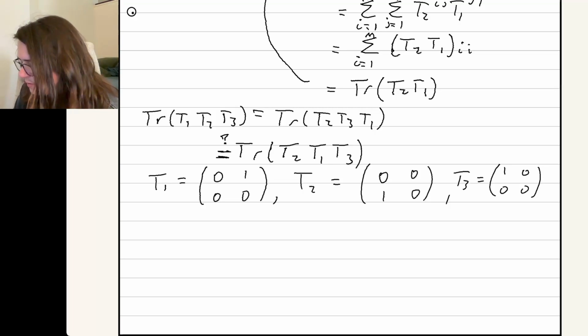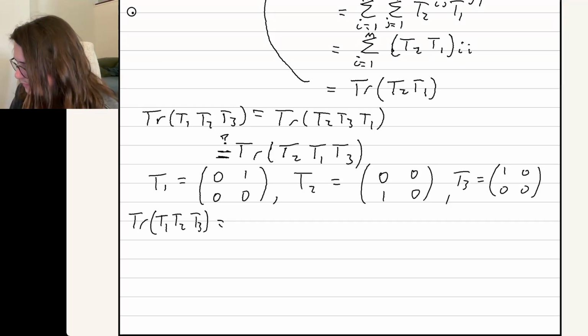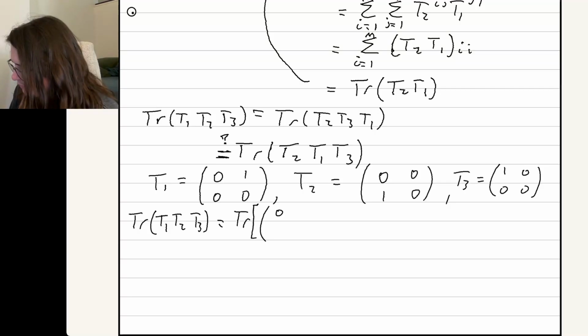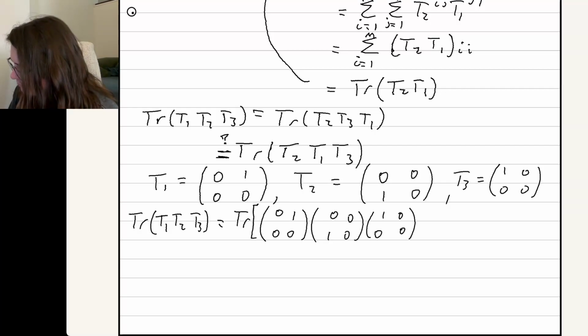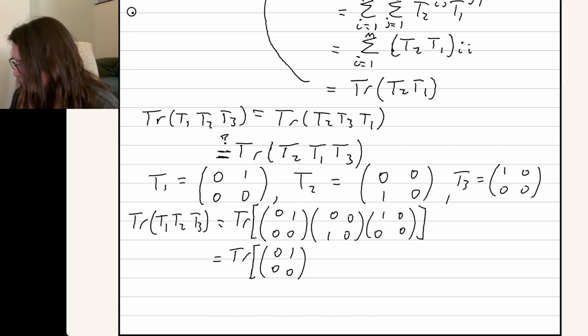So first, we'll calculate the trace of T1, T2, T3, and you get that it's the trace of, in square brackets, 0, 1, 0, 0, times 0, 0, 1, 0, times 1, 0, 0, 0. So you can do a little bit of matrix multiplication at this point.